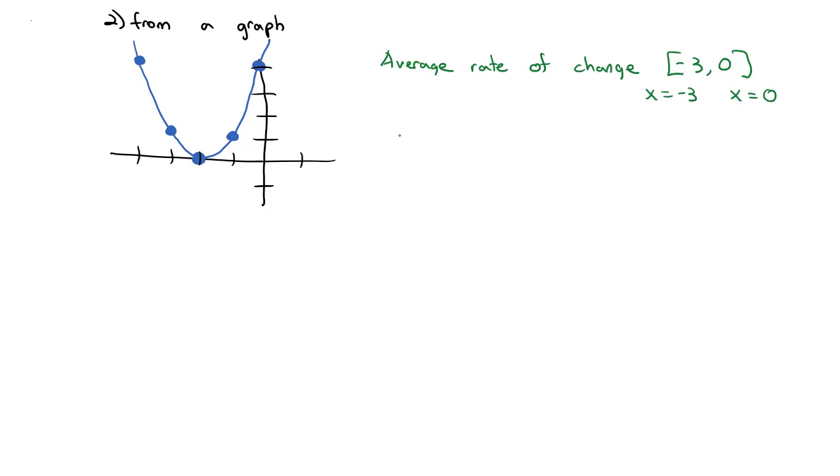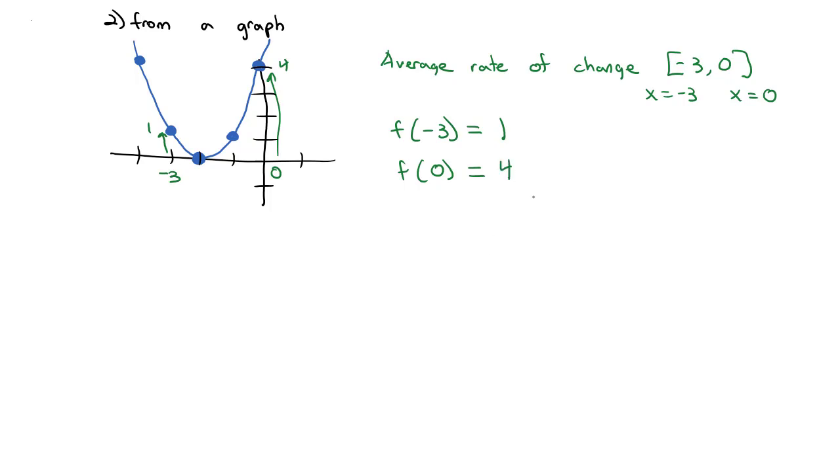So what we need to know first is, what do we get when we have an input of -3, and what do we get from an input of 0? Well, at -3 as an input, we see the output has a height of 1. So with an input of -3, we've got an output of 1. When we've got an input of 0, the output is up here at 4.